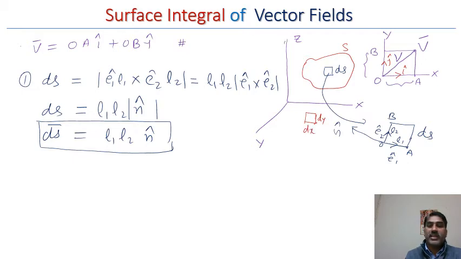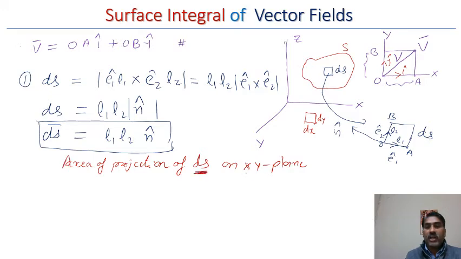So what is the area of the projection of ds on the xy plane? This is simply dx dy, or you can also obtain this from the vector.